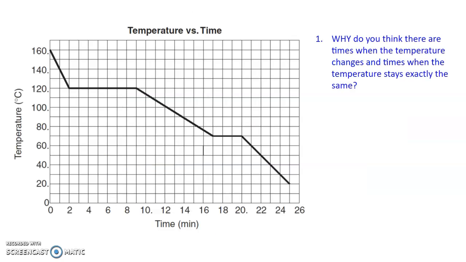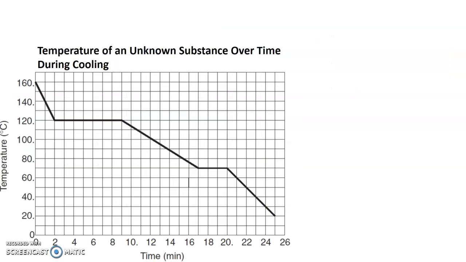Okay, so why do you think there are times when the temperature changes and there are times that the temperature stays exactly the same? We've already alluded to this. We're reinforcing this idea, so write your answer in your notebook.